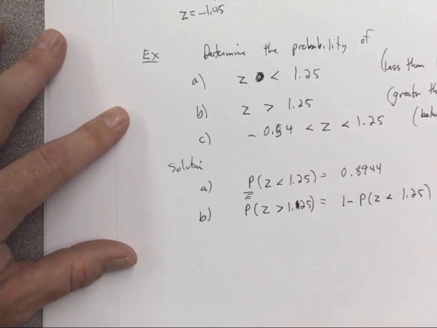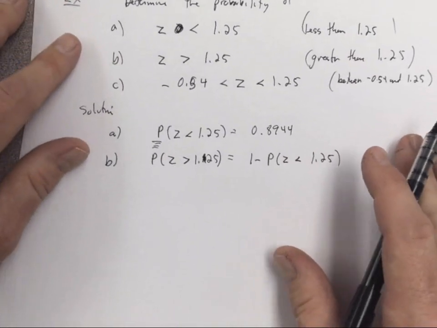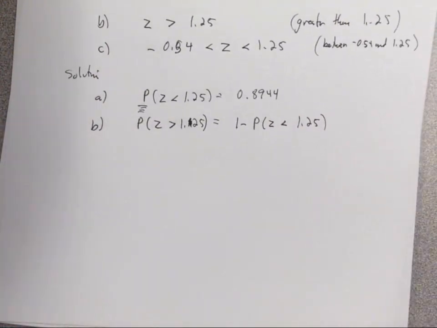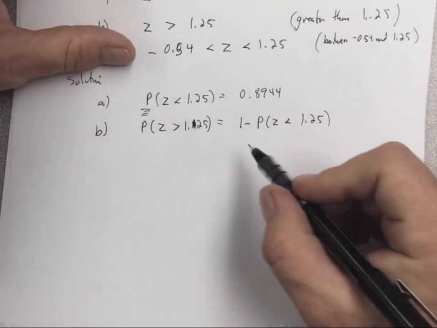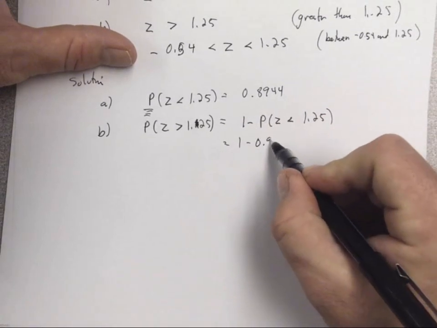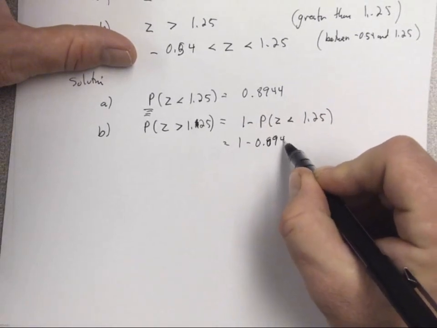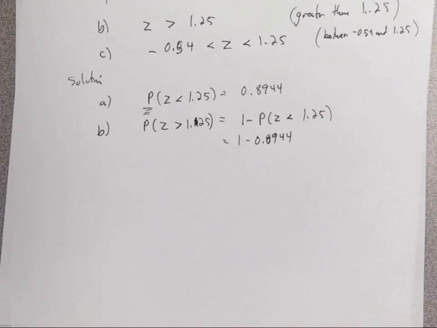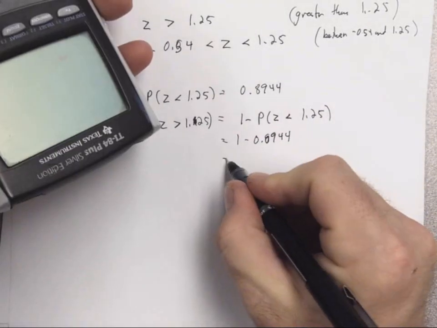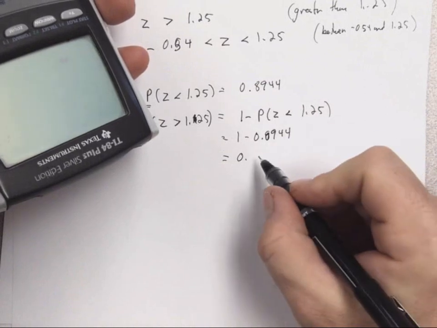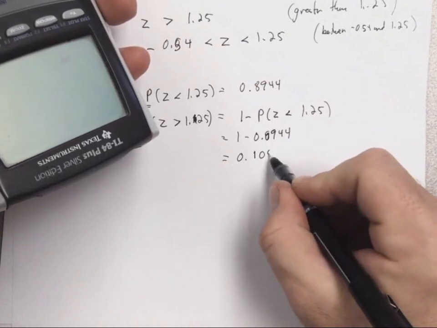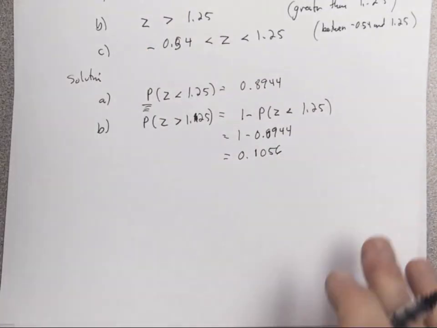Is that clear? You just subtracted from 1. The reason you can do that is because the sum of the probabilities is equal to 1. So this is 1 minus 0.8944, which is 0.1056.